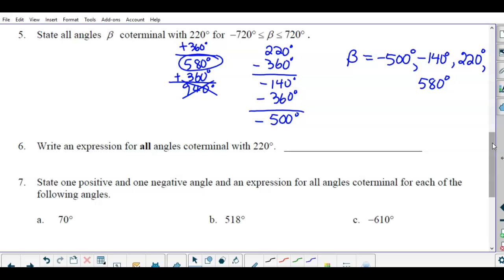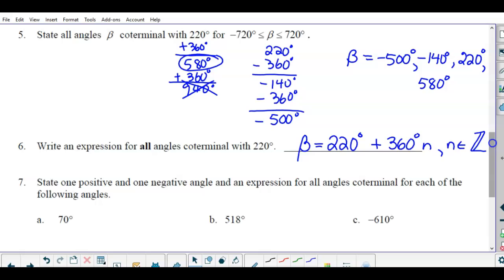You can go to positive infinity and negative infinity. But they all have to have the same terminal arm. So how we show this is the name of the angle is beta. Your first positive angle is 220. And then each time you're adding a multiple of 360, so plus 360 degrees times n, where n is an integer.